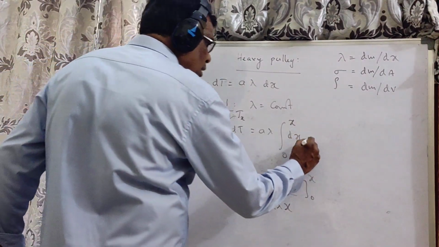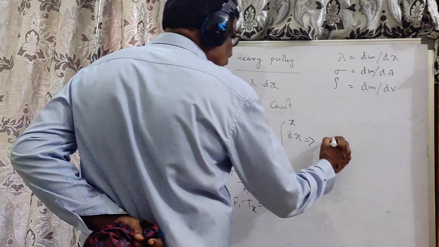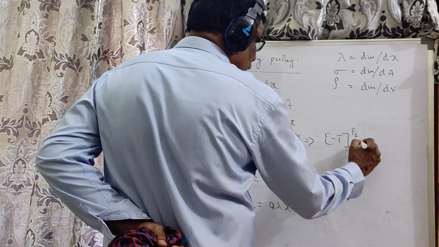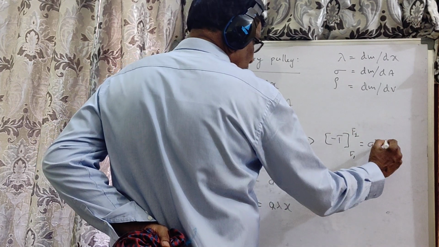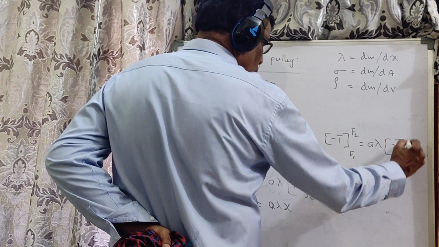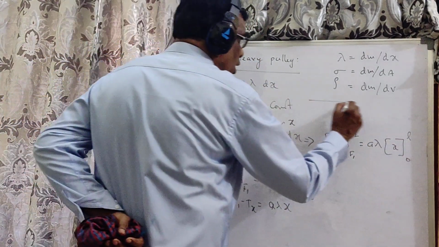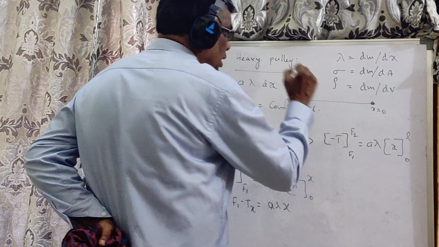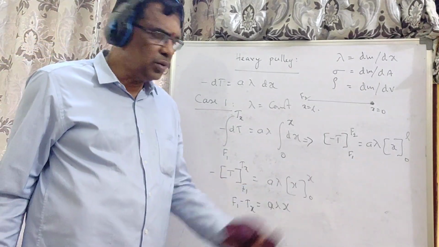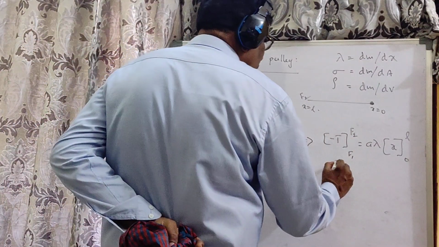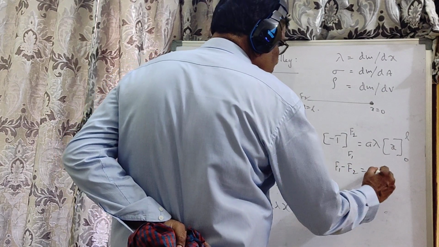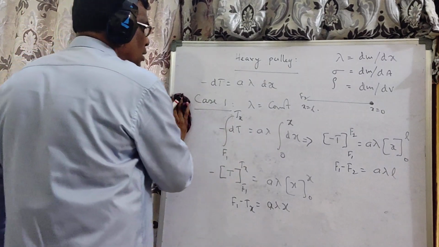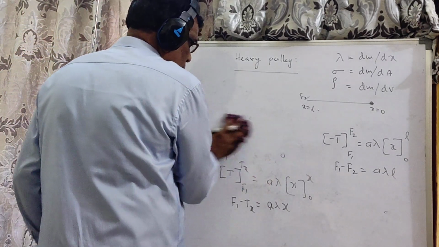Now the same thing, if I apply my limits as F1 here, F2 there, a lambda x 0 to L. You know that wire, x equal to 0 here, x is equal to L, their tension is bound to be F2. Okay? Now if you substitute this, a lambda L, right?